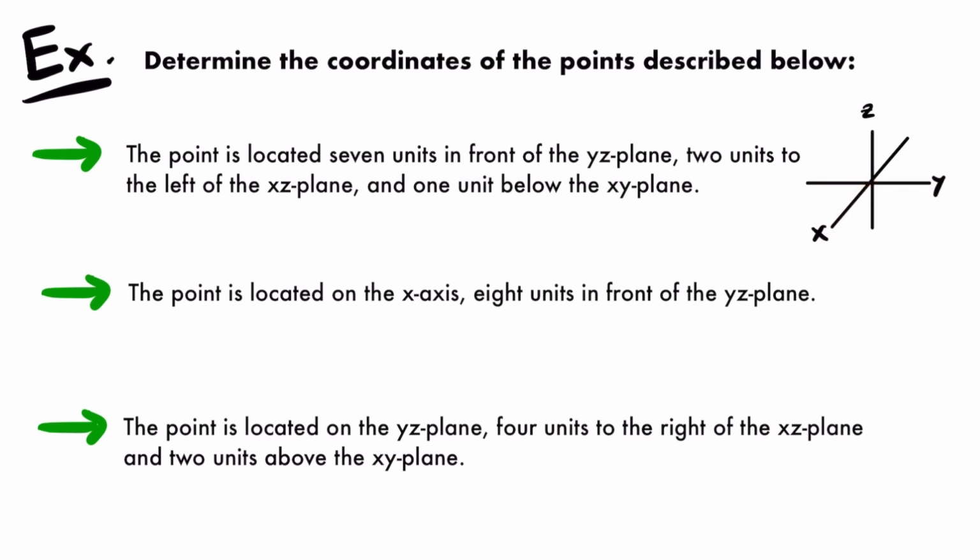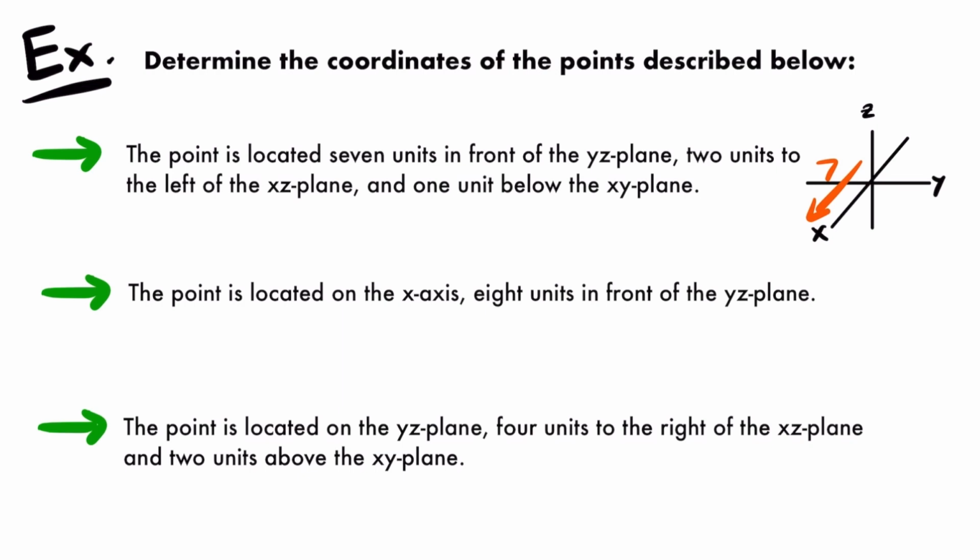That's describing an x-coordinate, right? The x-axis is perpendicular to both the y and z axis, and so it represents the distance from the yz plane. So if we are 7 units in front of the yz plane, we are 7 units in the positive x direction. All right, so we are moving 7 units that way towards the positive x direction.